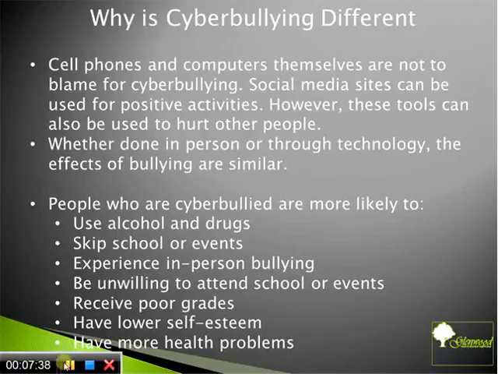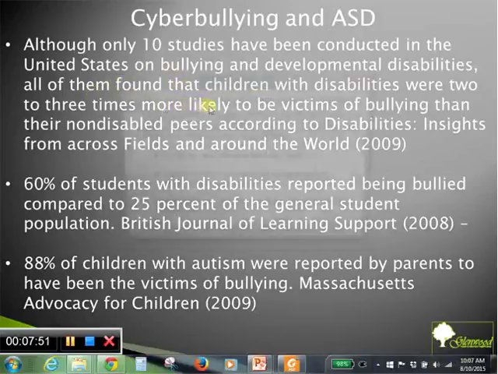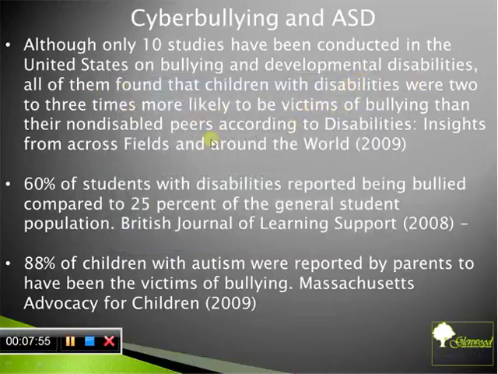Probably due to stress. Although 10 studies have been conducted in the United States on bullying and developmental disabilities, or any kind of disability really, all of them found that children with disabilities were 2 to 3 times more likely to be victims of bullying than their peers.